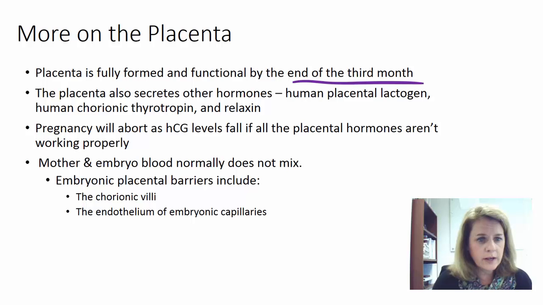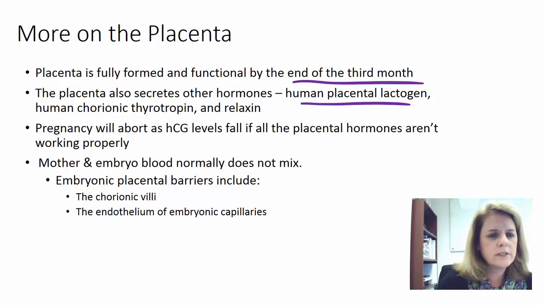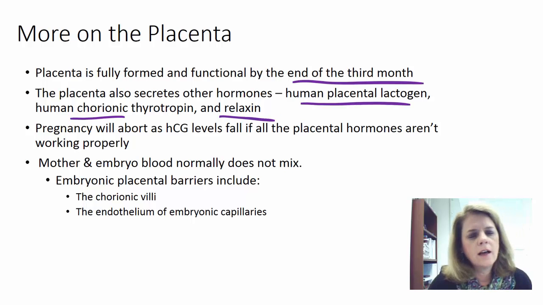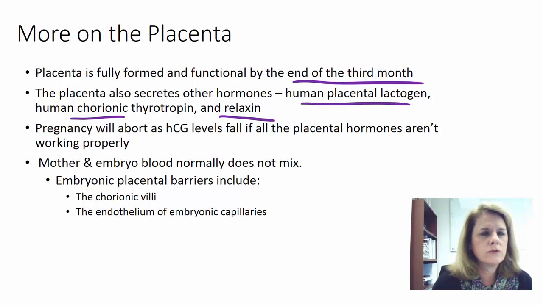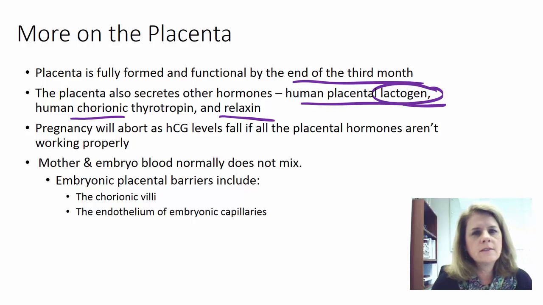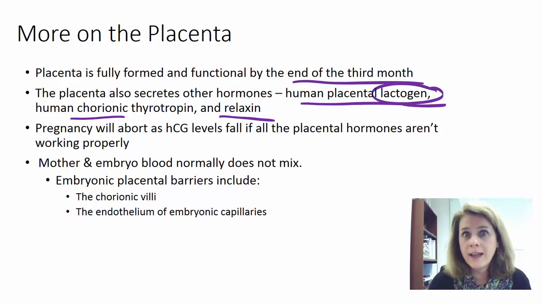It's also an endocrine organ, and it makes things called human placental lactogen, human chorionic thyrotropin, and relaxin. And I hope I'll remember to talk about it a little bit later, but if I don't, I'll go ahead and tell you now. If you look at the word lactogen, this is going to play a role especially toward the end of pregnancy, in helping the mother's breast tissue start to enlarge and get ready for lactation, in order to make milk.